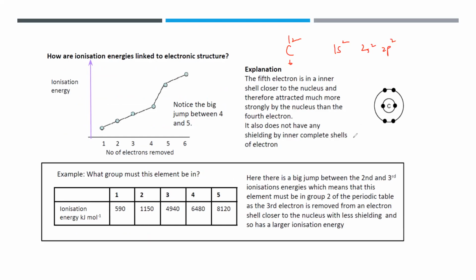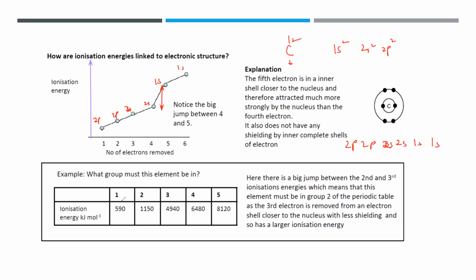When we remove electrons, the first comes from 2p, the second also from 2p, the third and fourth from 2s, and then the last two from 1s. So you can see a big jump at the 1s electrons.